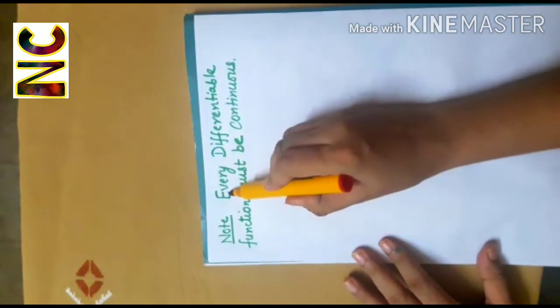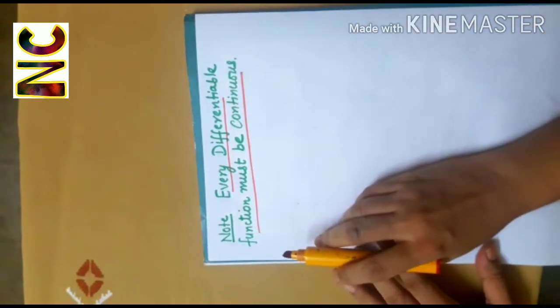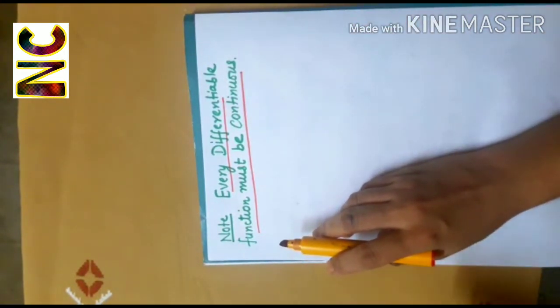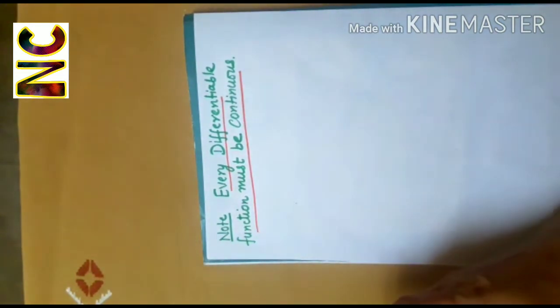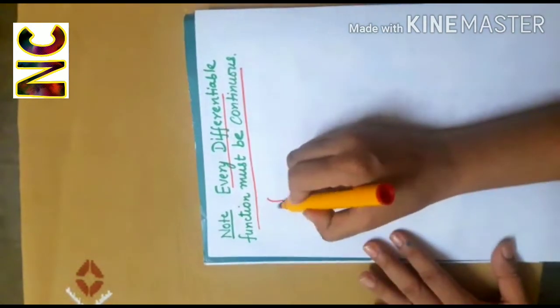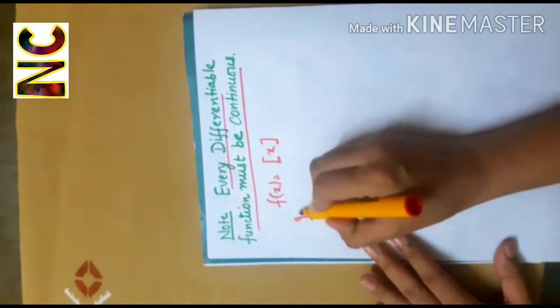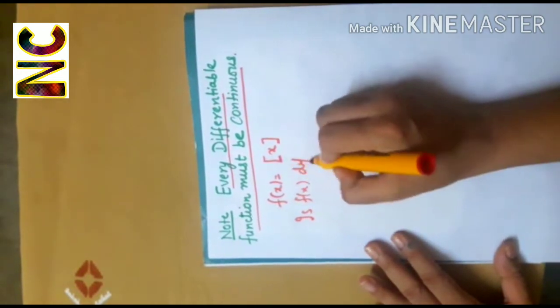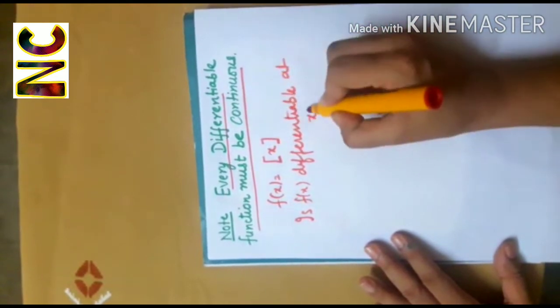So, note that every differentiable function must be continuous. That means if I say that the function is differentiable, then it has to be continuous. Or I can say if a function is not continuous at a point, then it cannot be differentiable at that point. For example, if I ask you f(x) equal to this, is f(x) differentiable at x equal to 2?